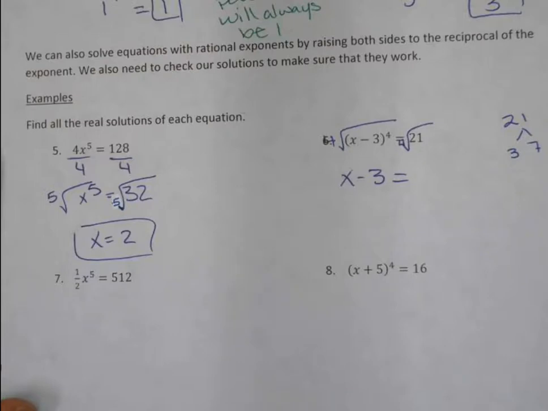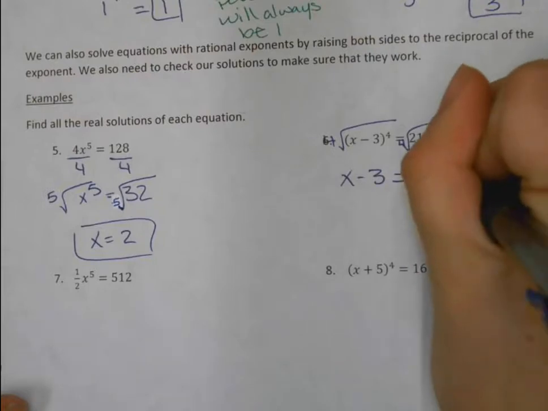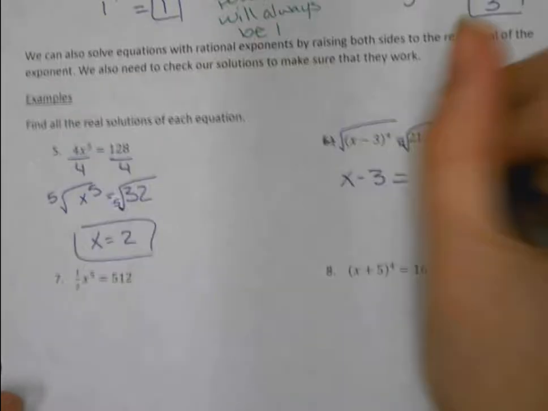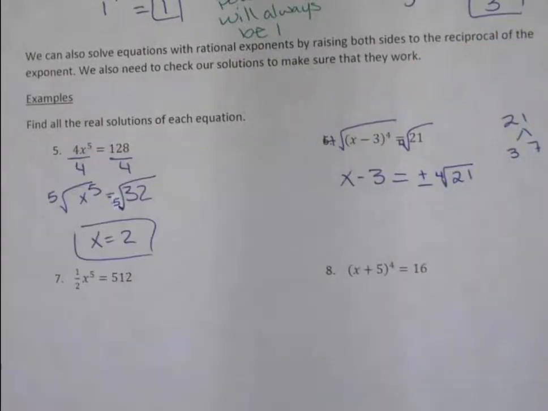Okay, so with 21, there are not 4 of the same numbers that multiply to it, so this one's going to stay inside the radical. And because the root was even, it's going to be plus or minus, because I took the root.